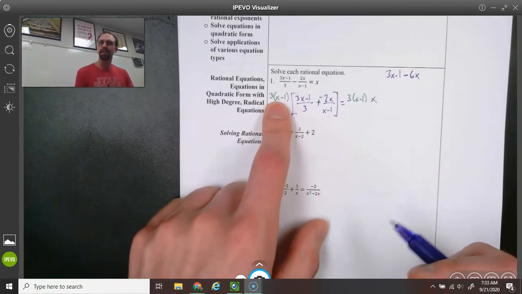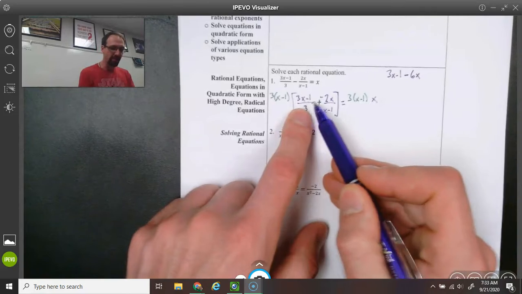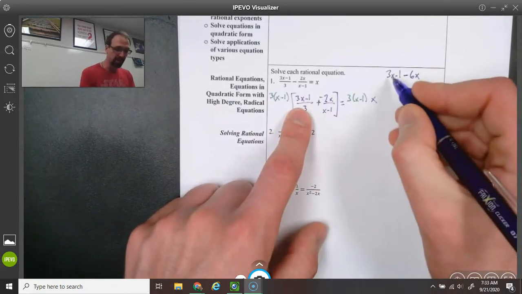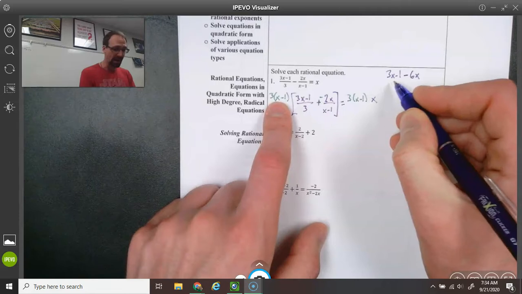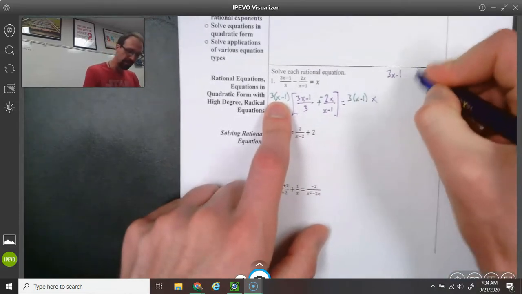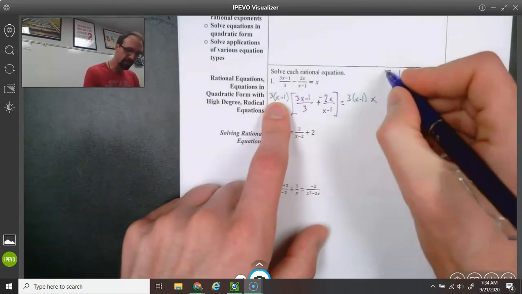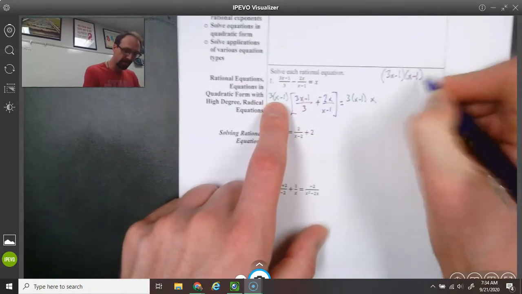Now I do the same thing with the x minus 1. I need to multiply it by the 3x minus 1. So this 3x minus 1 is going to be multiplied by an x minus 1.